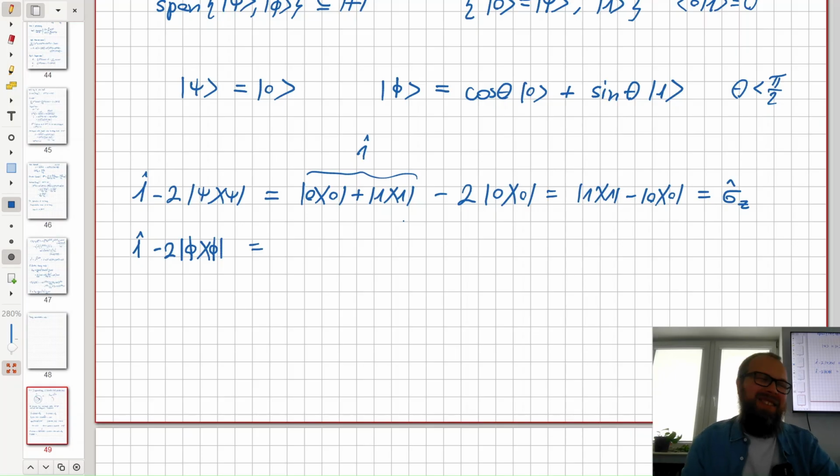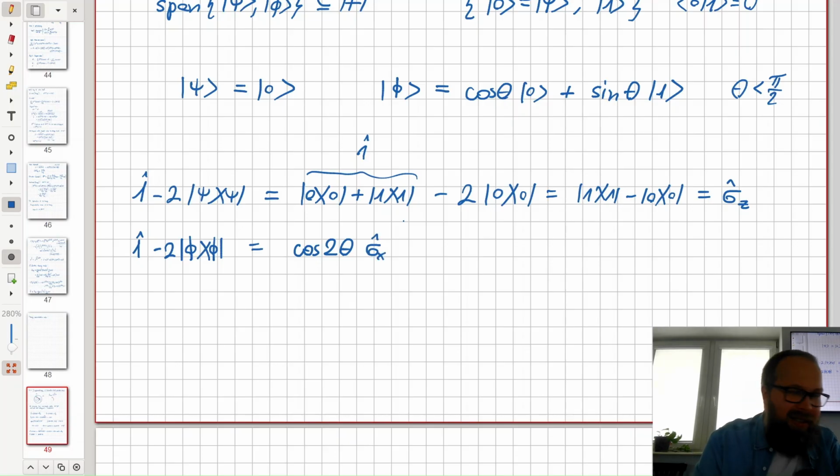Trigonometric identities have to be used, but in the end, believe me or not, and if not, you can check it for yourself, you can make it into cosine of twice the angle times sigma x. No, sigma z. Sorry.